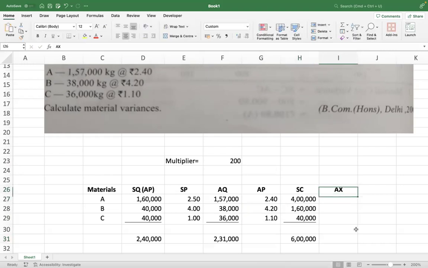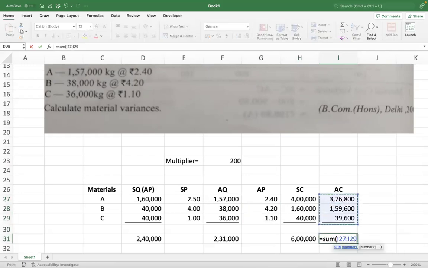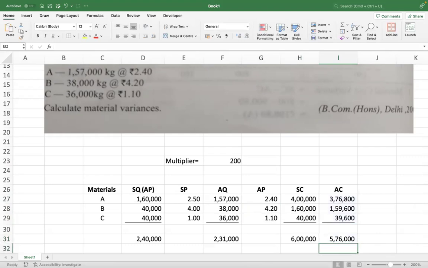Actual cost is again the same way. Actual quantity in kgs multiplied by price in rupees per kg. So that is your actual cost. Again, you sum it up. So what are you seeing? That your budgeted cost was 6 lakh rupees, but your actual cost is 5,76,000 rupees.